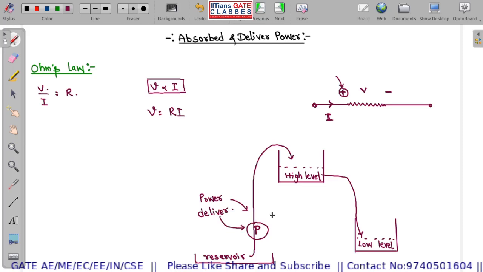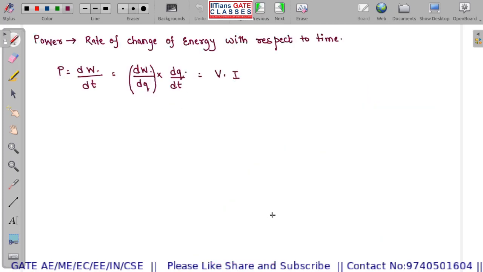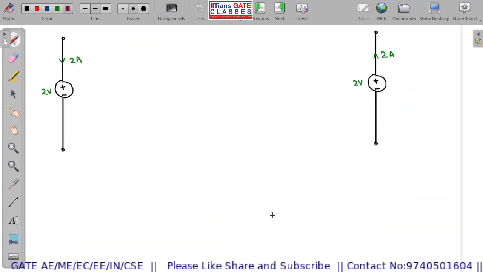The same concept applies to our electrical circuit also. Now listen very carefully. In electrical circuits, power will be delivered when your current flows from lower potential to higher potential. That means I am going opposite to Ohm's law, opposite to the natural flow of current.